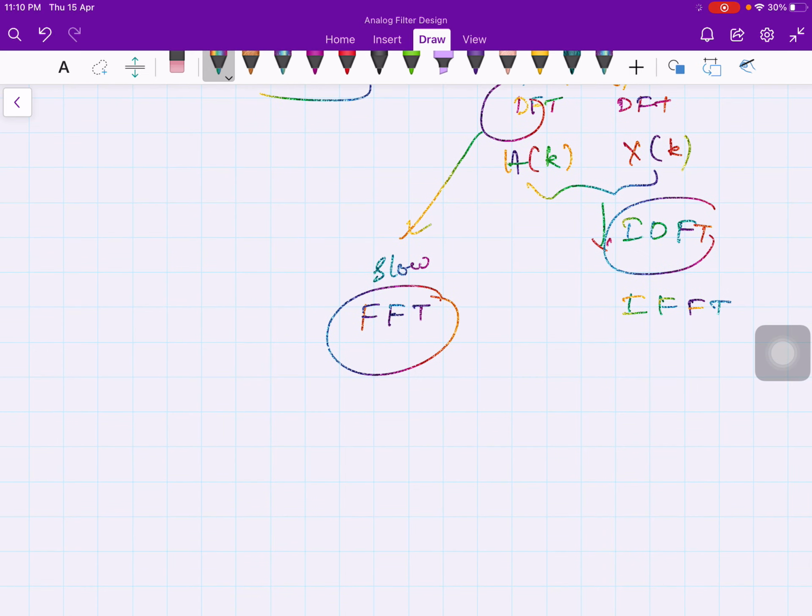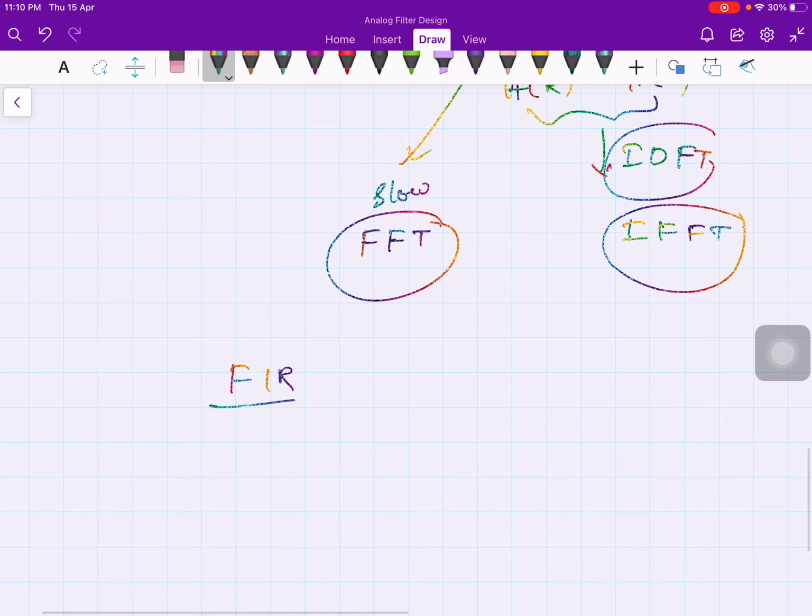So for the FIR, finite impulse response filter, the disadvantage of slowness, or speed of processing being very slow, can be overcome by using the FFT and IFFT algorithm. These design methods are called semi-analytical methods.